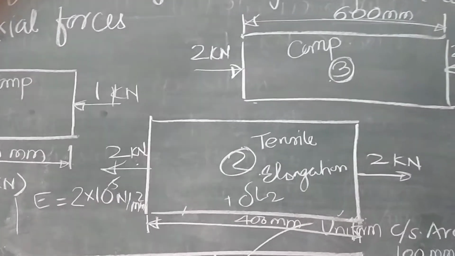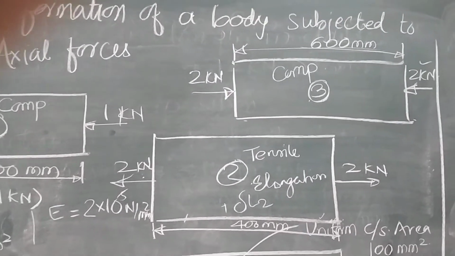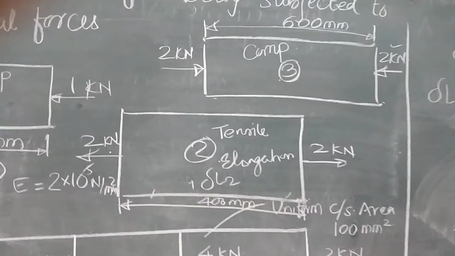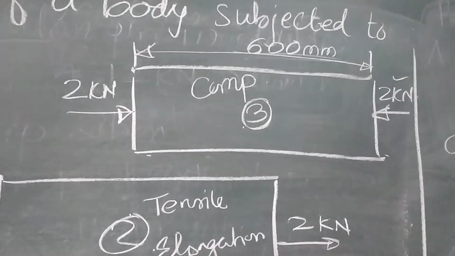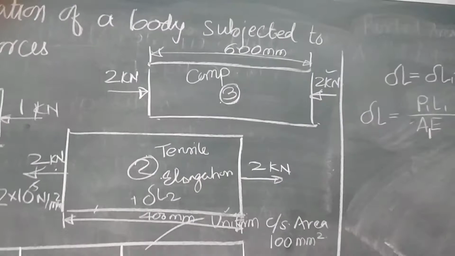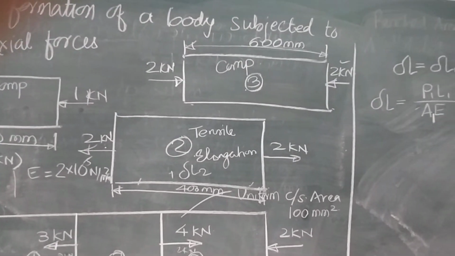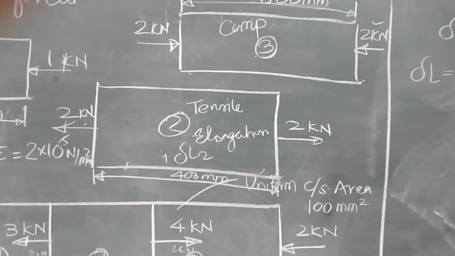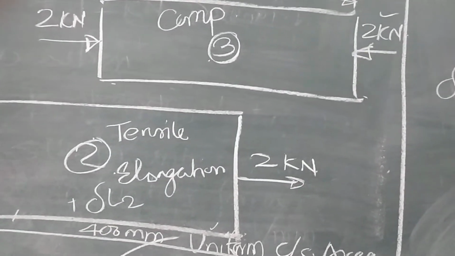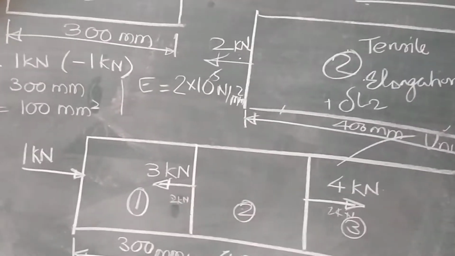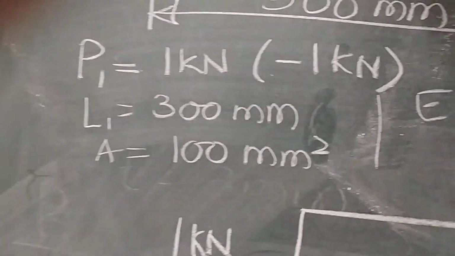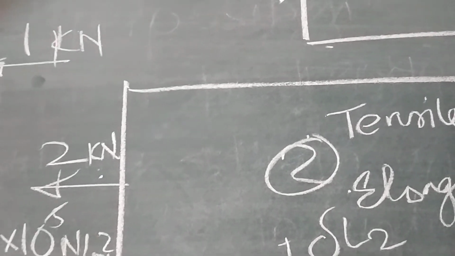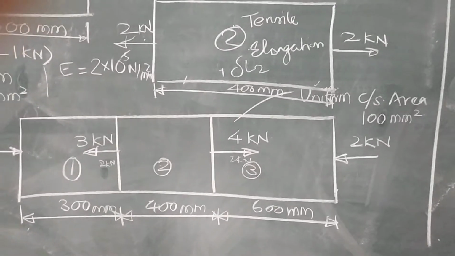So P3 is 2 kilonewton, L3 is 600 mm, A3 which is uniform 100 mm square, and E is 2 into 10 raised to 5 Newton per mm square or megapascal. So here there is a compression, this is elongation, and this is again a compression.